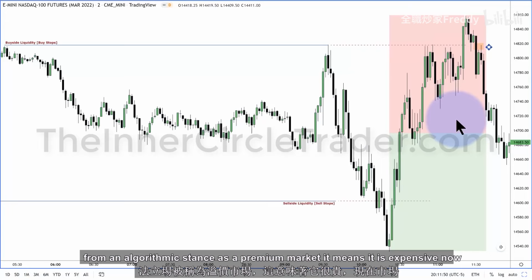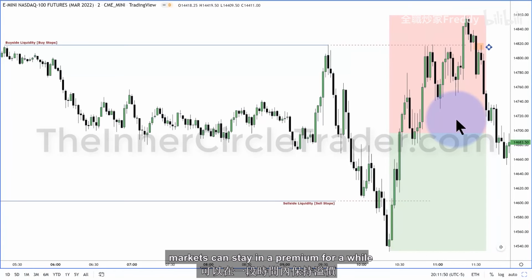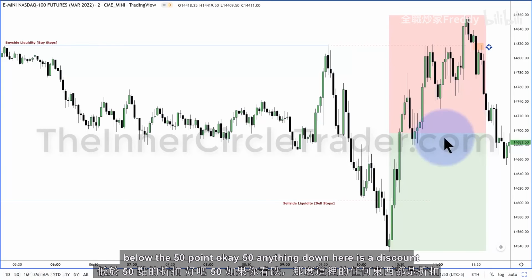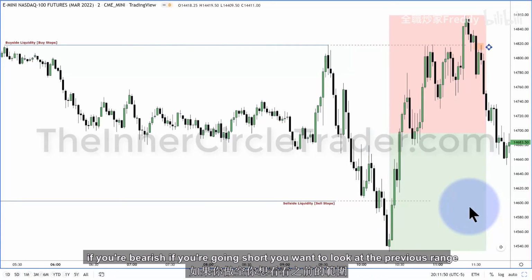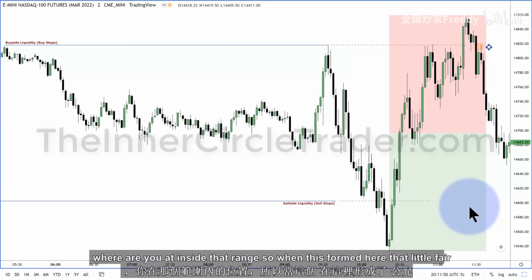It means it's expensive. Now markets can stay in a premium for a while and not go to a discount, which would be below the 50 point. Okay, 50%, anything down here is a discount. If you're bearish, if you're ever going short, you want to look at the previous range. Where are you inside that range?